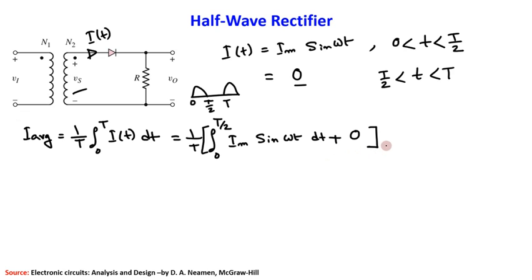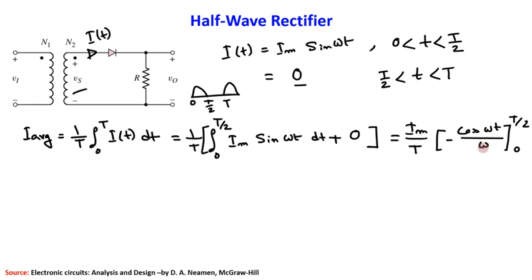So basically it is Im by T, and you know integration from 0 to T by 2 of sine of omega t will give minus cos of omega t by omega, between T by 2 and 0, isn't it?